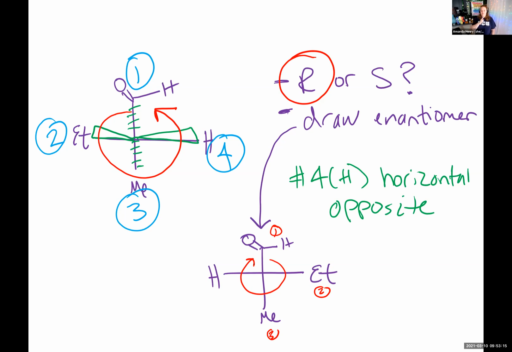I've flipped the direction of my substituents, and you only have to move 2 things. Always move the 2 on the horizontal. Questions about that? Okay.